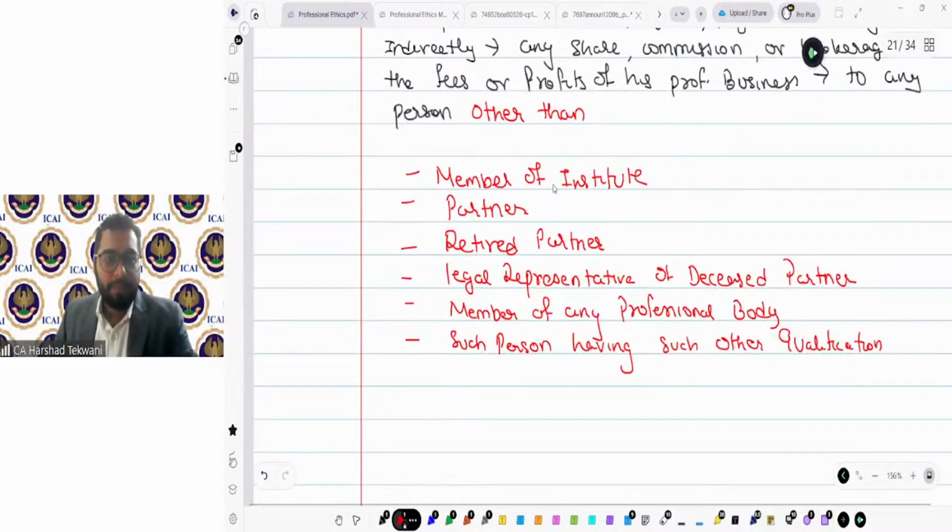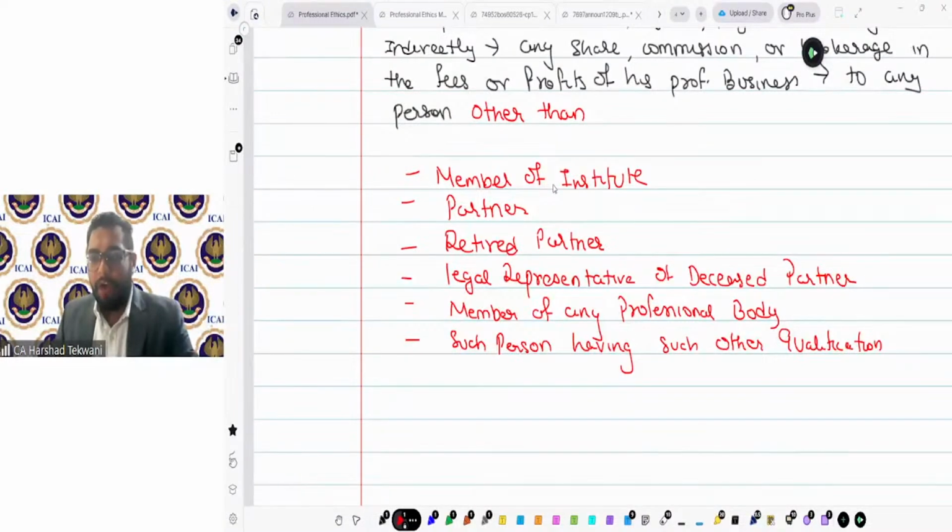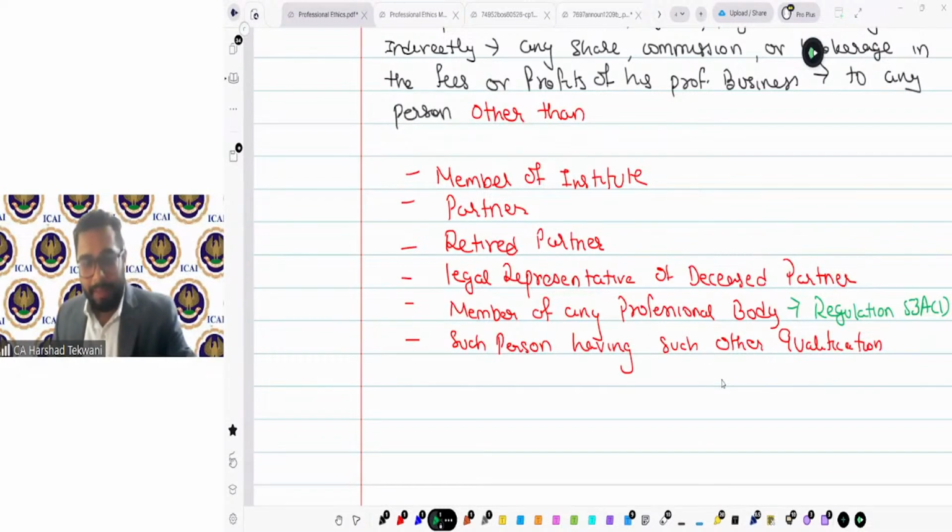Now, when I say member of another professional body, that is specified in regulation 53A1. And when I say such persons having such qualification as may be prescribed, that is regulation 53A3.